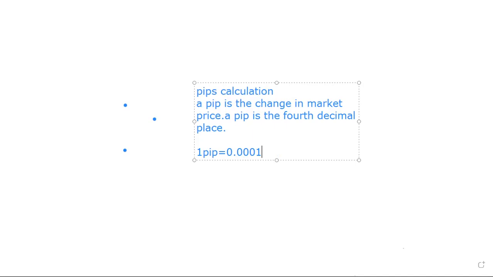Now for this pip calculation, because we have different currency pairs, at this point you're not required to know, I'm just explaining. Because you have different currency pairs, the way we calculate for each of these pairs differs. If I say in Nigeria, everybody is a black man, am I correct?